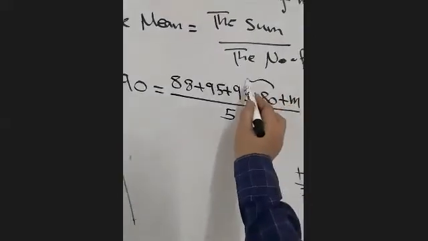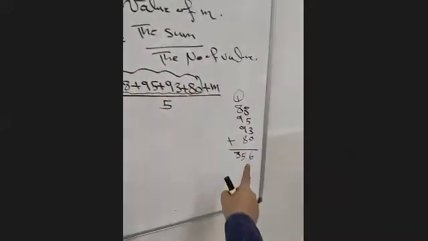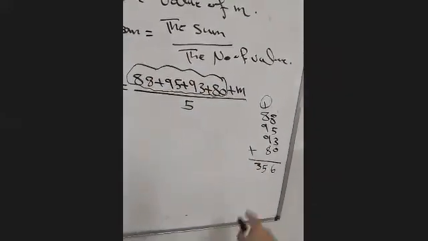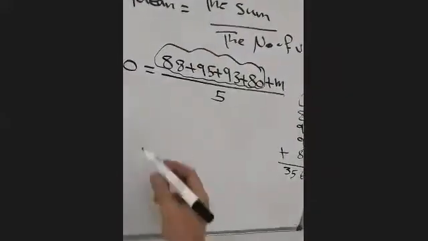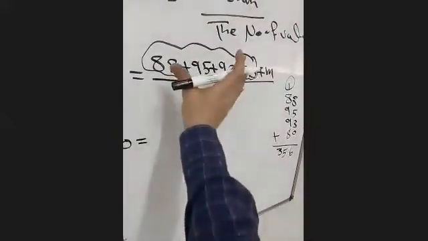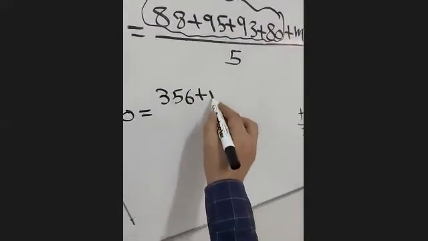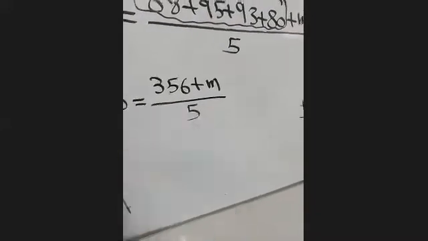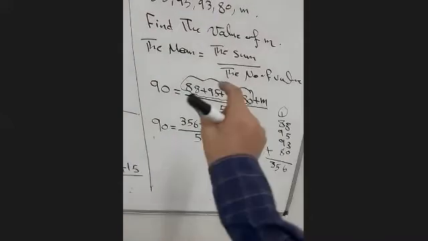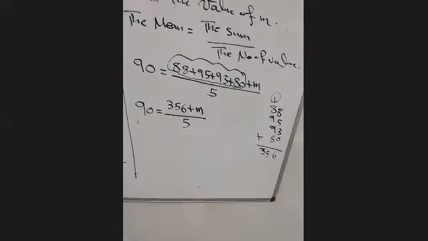So the total of this part is 356. So we have 90 equals 356 plus M, all over 5. I replaced this group of numbers by this one.